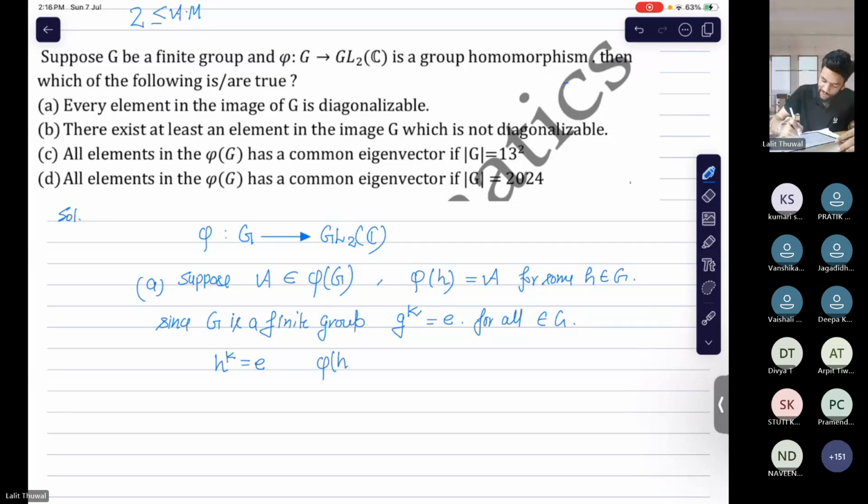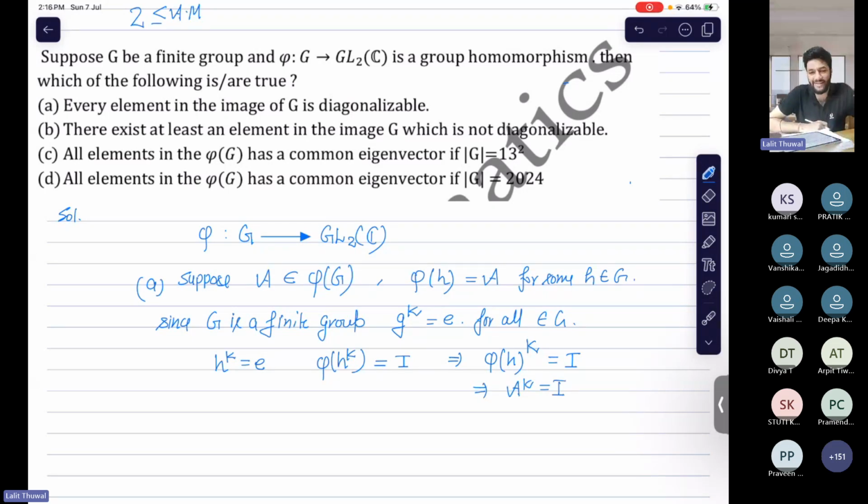Apply phi, then phi of h to the power k is equal to phi of e. Phi of e must be the identity of GL2(C). This implies phi of h to the power k is identity, so we get A to the power k is equal to identity.